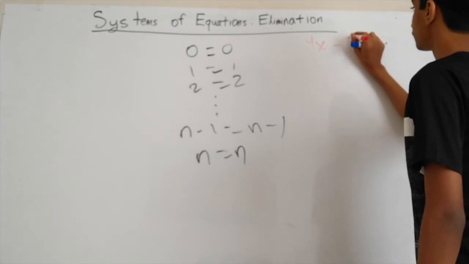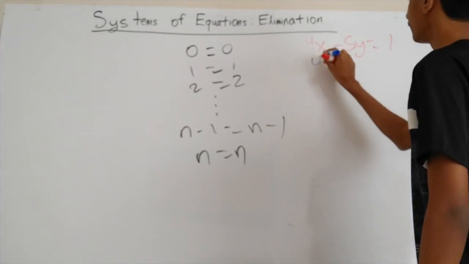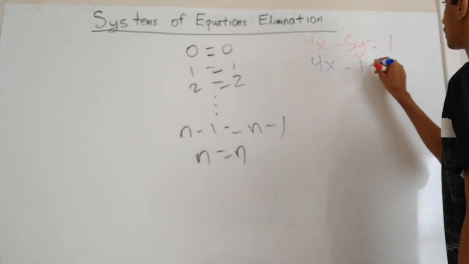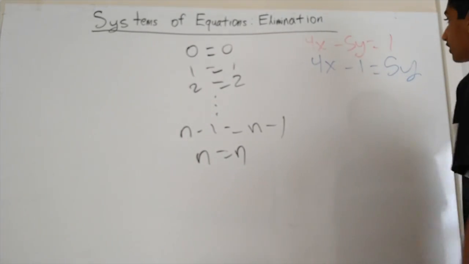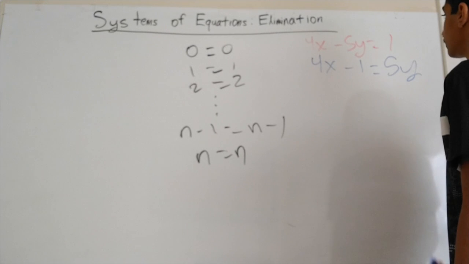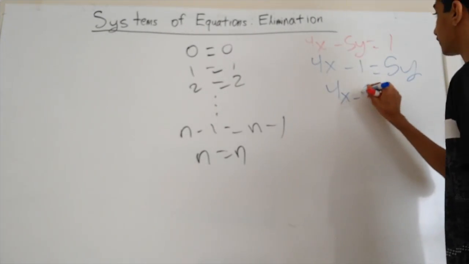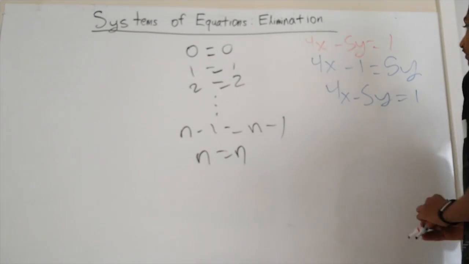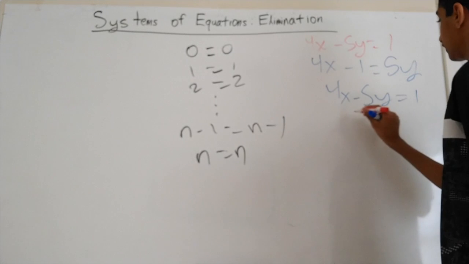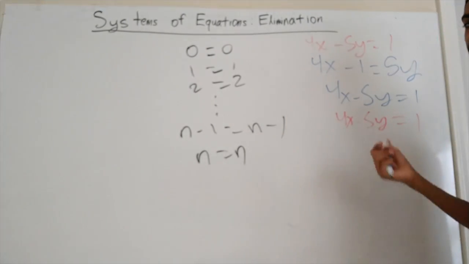4x minus 5y equals 1. And 4x minus 1 equals 5y. So we have the systems of equations. And what we can do is we bring 5y over to this side and we get 4x minus 5y equals 1. And if we bring the above equation down, we get 4x minus 5y equals 1, which is the same equation.